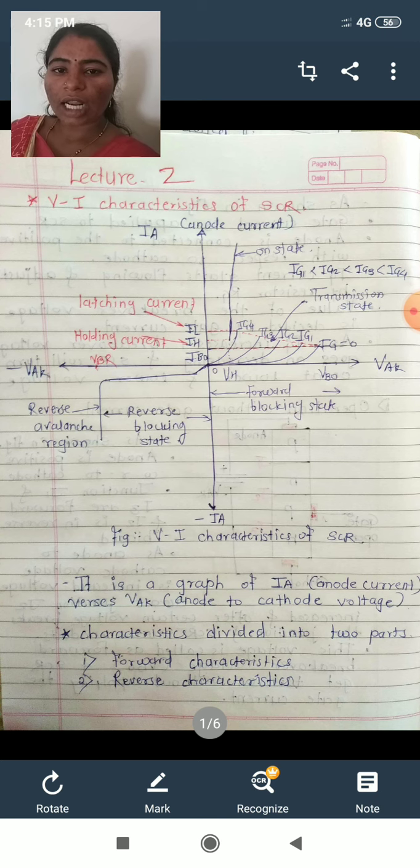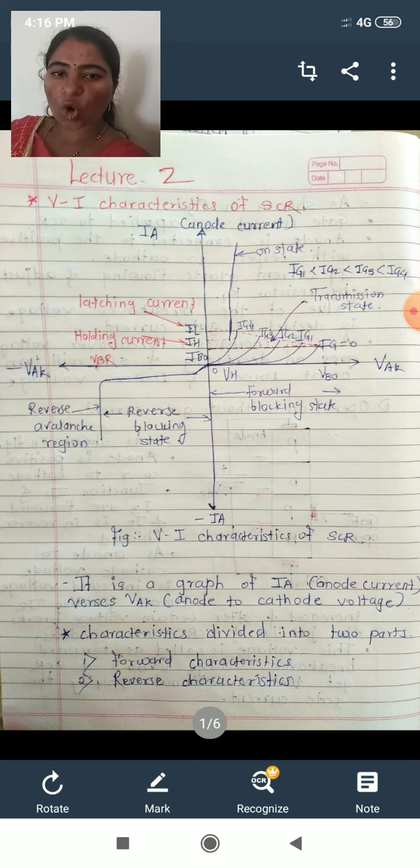See in figure, when gate current Ig is equal to 0, the applied breakover voltage to turn on the SCR is very high. And as we increase the gate current from Ig1 to Ig2, Ig2 to Ig3, Ig3 to Ig4, your breakover voltage goes on decreasing. Hence this state is called an unstable state.